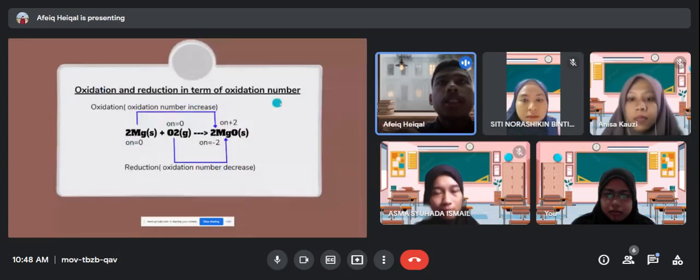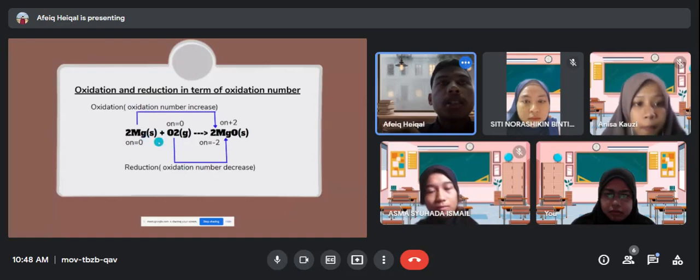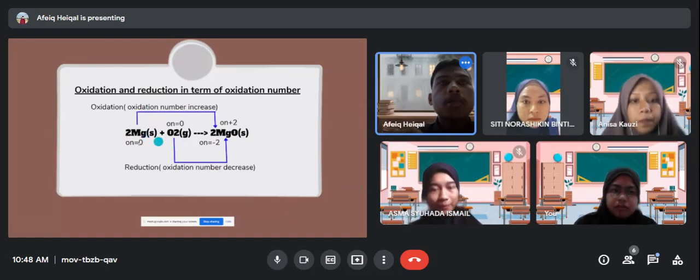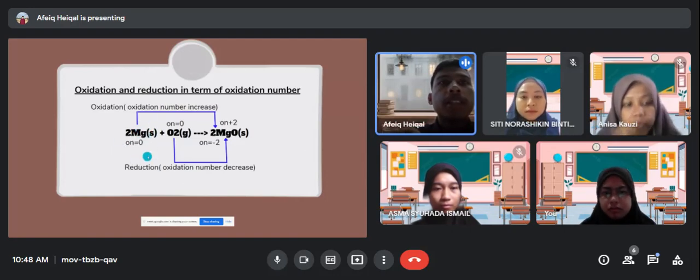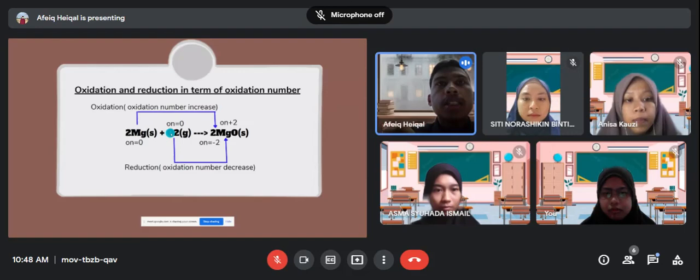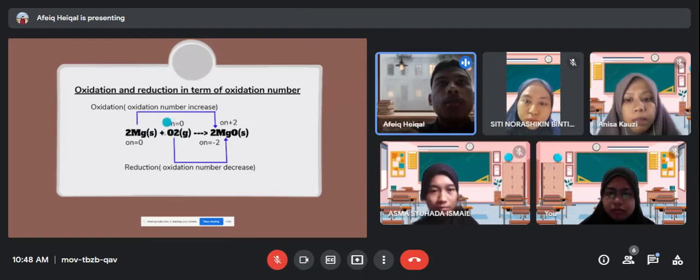Oxidation and reduction in terms of oxidation number. The equation given to us is magnesium plus oxygen gives magnesium oxide. Magnesium is an element, so the oxidation number is zero, and oxygen is also an element, so it is zero too.